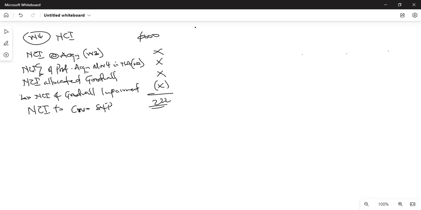All right, then we move on to our workings number 5. When we start the computation, we really appreciate what we're doing. So here we call it group reserves. You can also call it group retained earnings under the bigger group reserves.